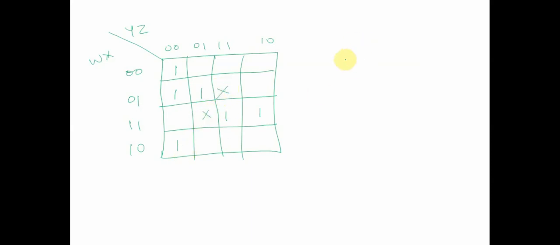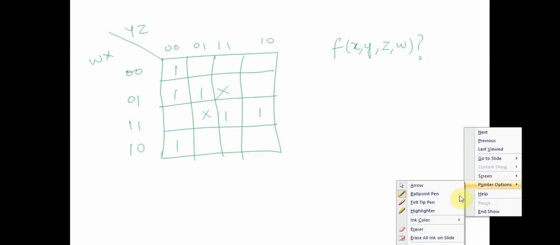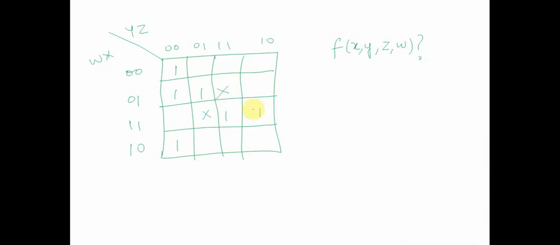Can we do a circuit minimization for this? Can we figure out what is f of x, y, z, and w? For this, let's start with the concept of prime implicants and essential prime implicants, which we worked upon. This particular one is captured only in one scenario, and extending this group will not be possible.